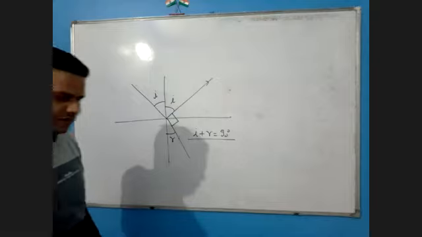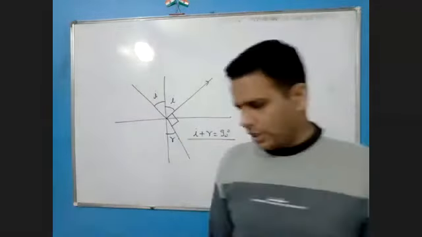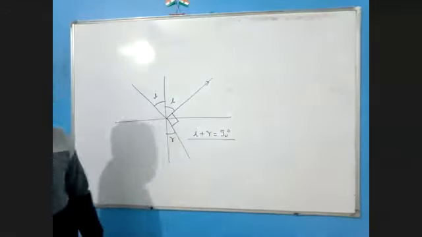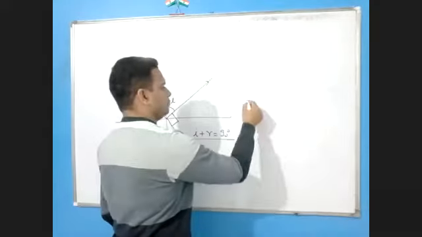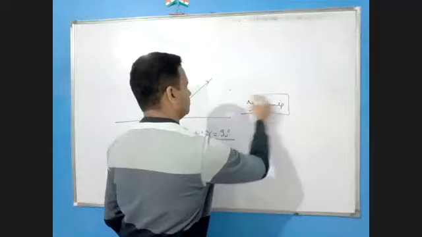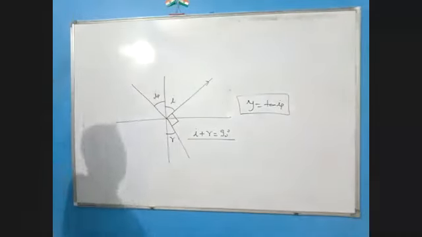Sir, there is a very famous law known as the Brewster law. Very simple: mu is equal to tan IP, where IP is the angle of polarization.